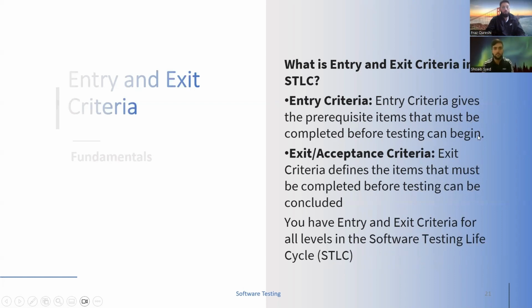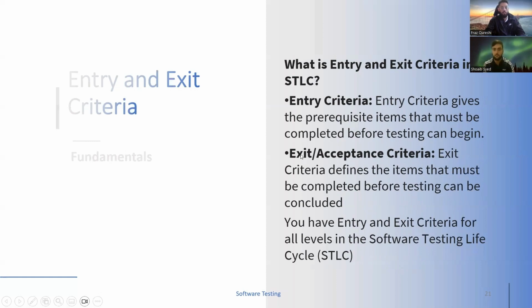For example, the environment should be set up, and we should have the data to be tested. We should have our test data ready before we can start testing. You can think of entry criteria as simple prerequisites. And similarly, there is exit criteria or acceptance criteria.